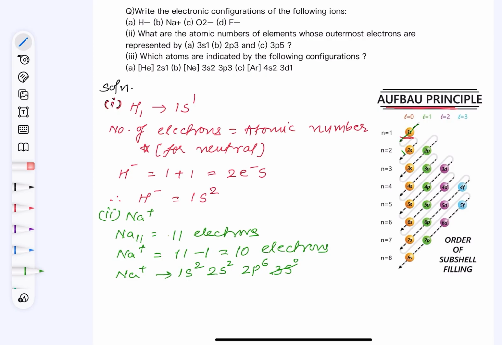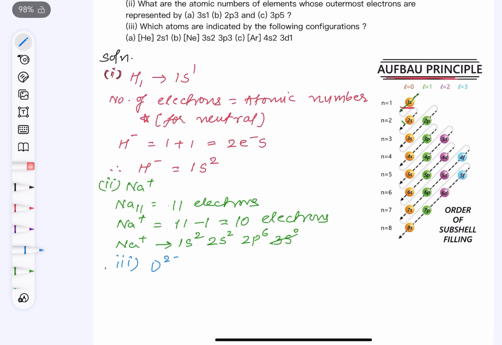Now let us similarly understand the third one, the configuration of O2 minus. Number of electrons is equal to atomic number. Oxygen has atomic number 8, so it will have 8 electrons. O2 minus indicates that oxygen, with its 8 electrons, takes 2 electrons.